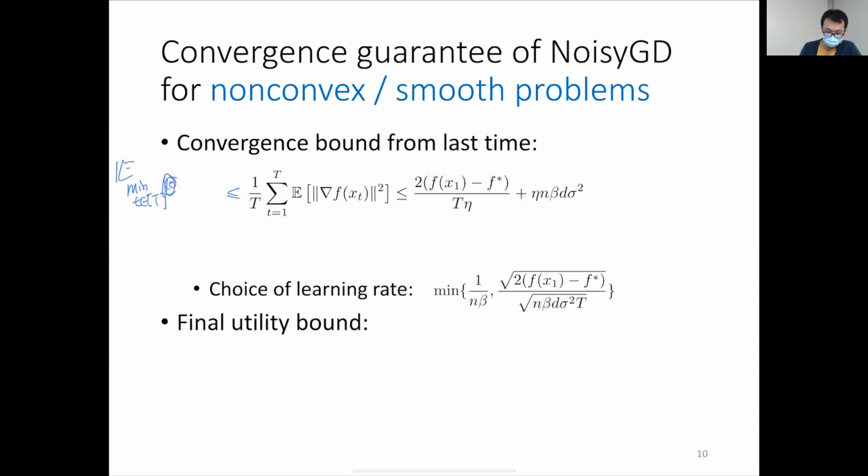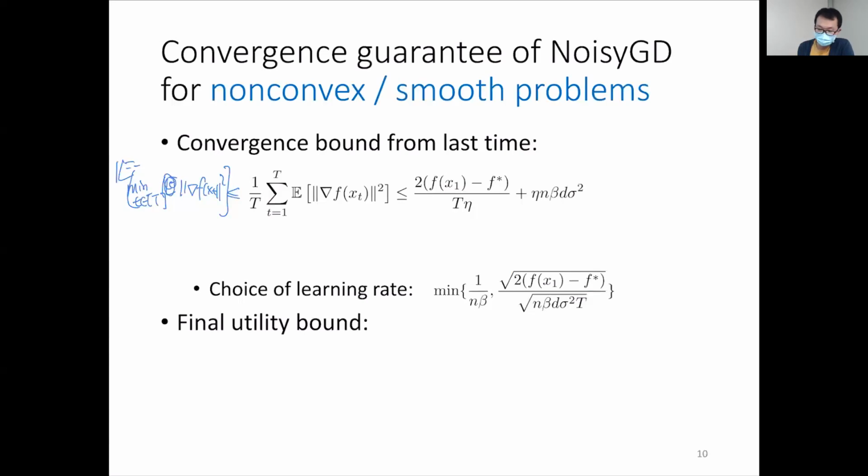I guess the expected value can be outside as well. So this is also an upper bound of the closest that you get to the stationary point throughout the training.